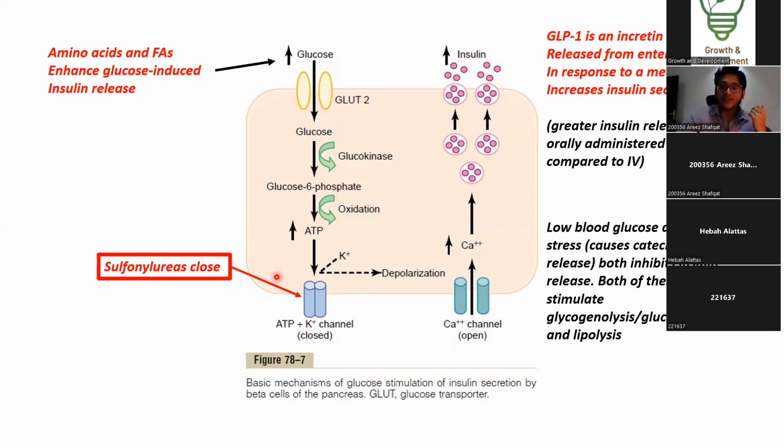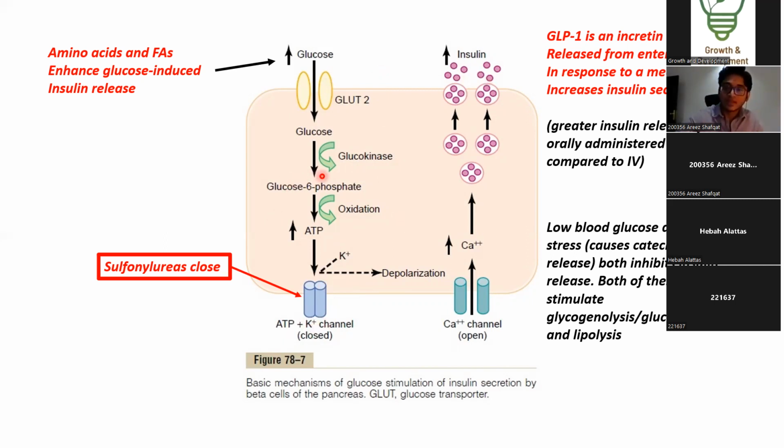So the sulfonylurea will cause depolarization and release of insulin. Does this make sense? So sulfonylurea is basically mimicking the normal physiology. It's inhibiting the ATP-dependent potassium channel without all of this pathway happening. Okay?